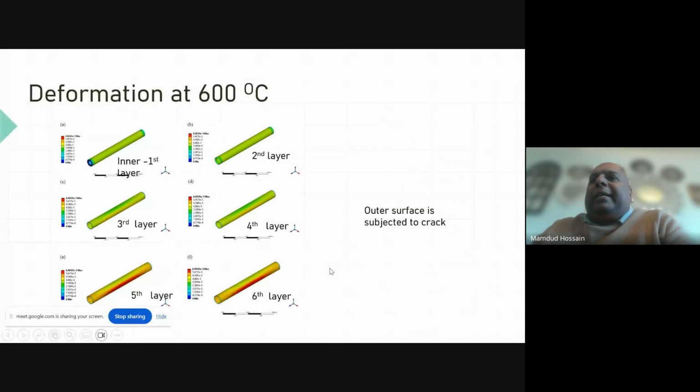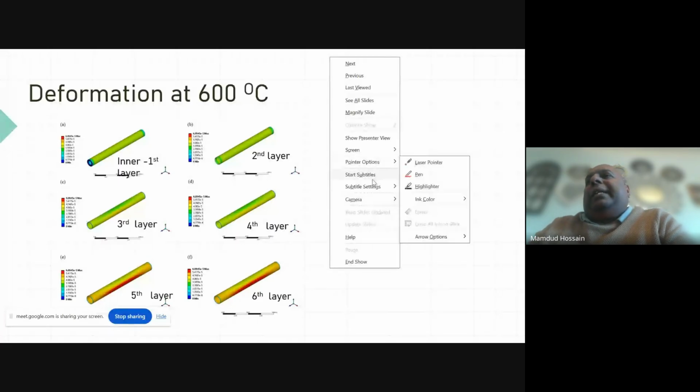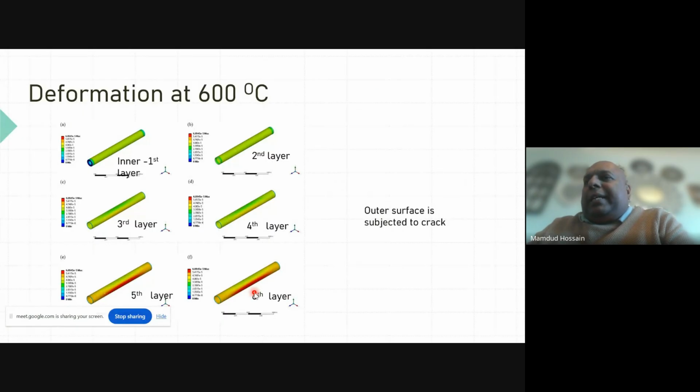If you look at the sixth layer, which is the outer layer, that is subjected to a lot of deformation. So if you look at this color here, red, that is deformed under thermal stress. Fifth and sixth layers have a lot of deformation, whereas the inner layer doesn't have that much deformation.